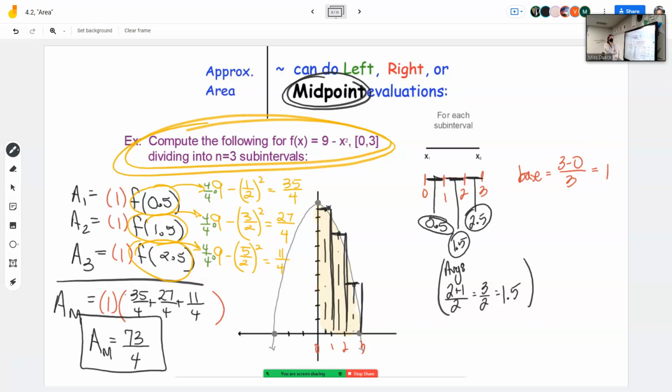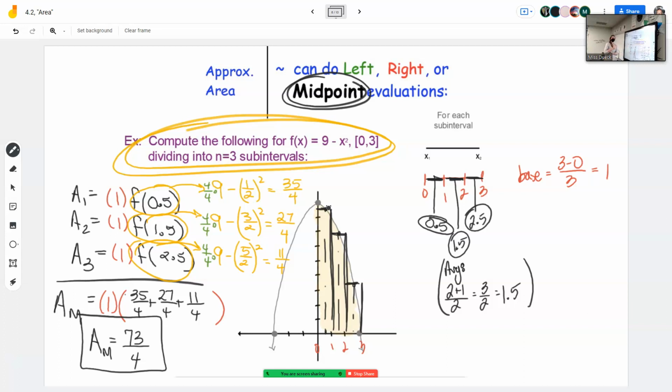A little rough, right? Because aren't you noticing it's a little bit below and a little bit above? And then again, it's a little bit above, it's a little bit below. The rectangle is a little bit below and a little bit above.